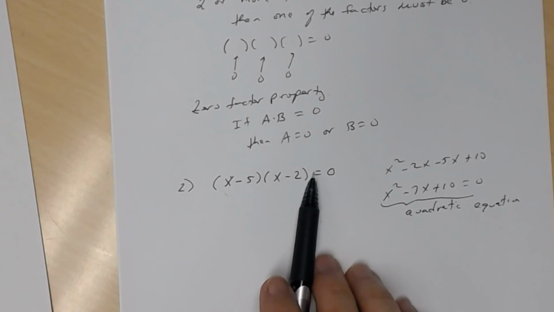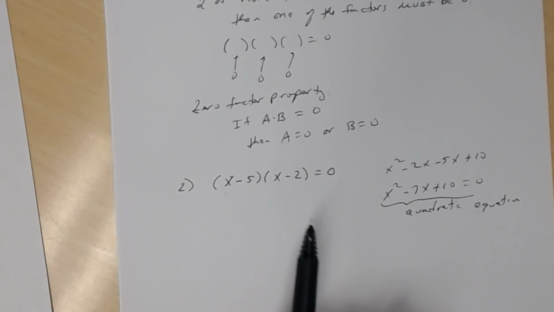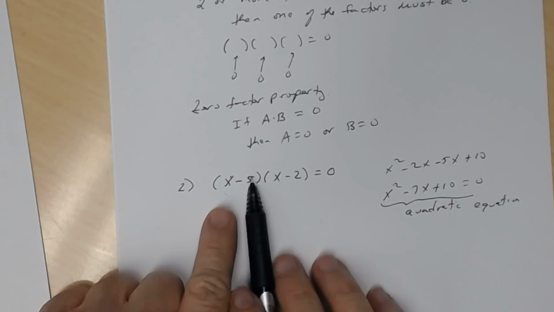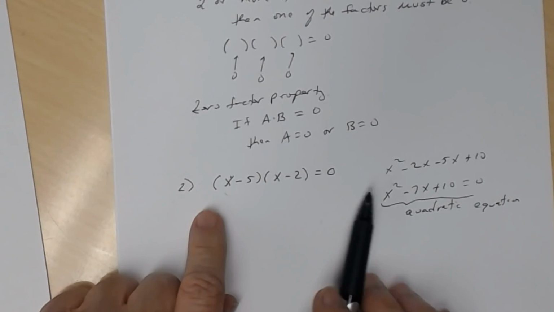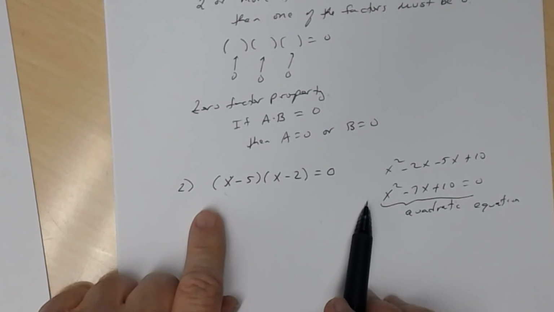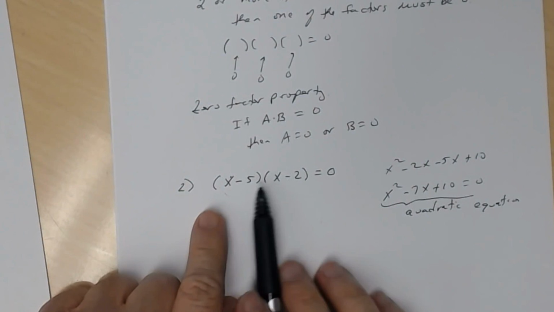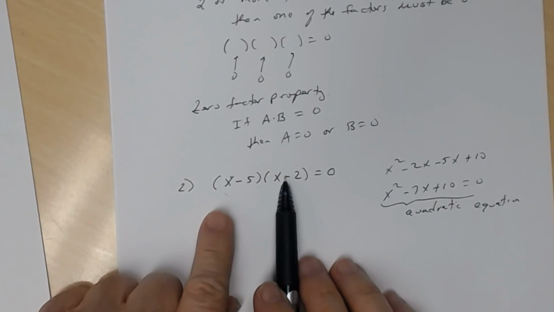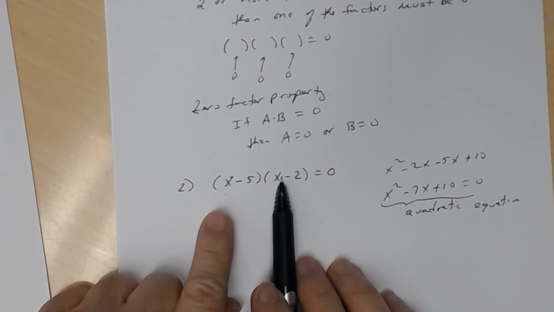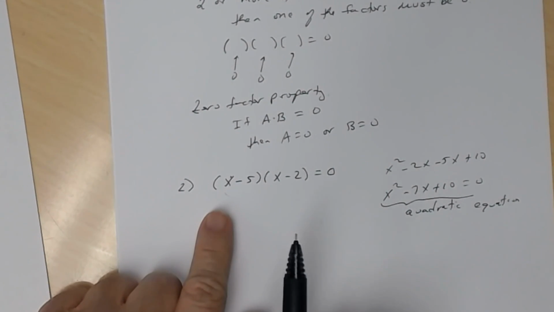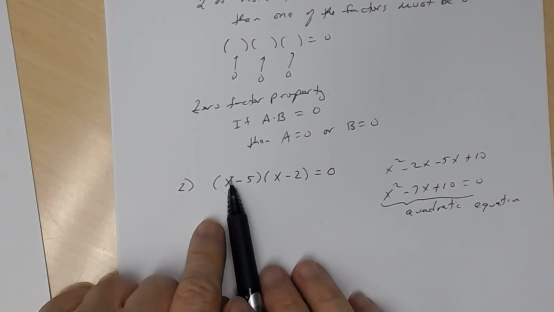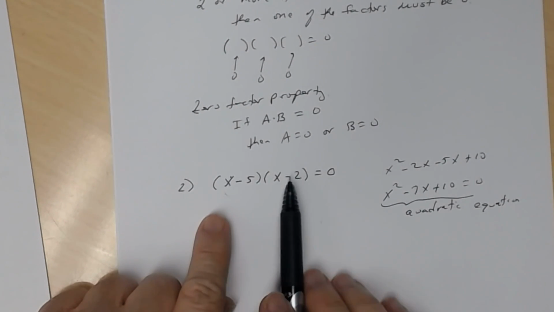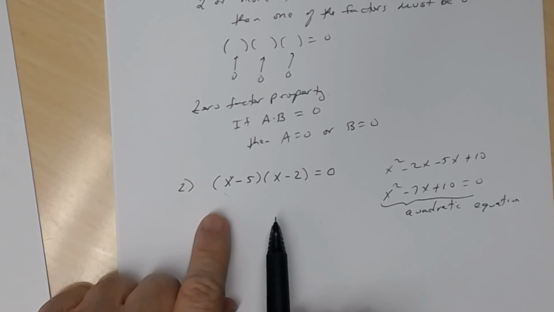This side was quadratic because when you multiply x times x, you get x squared. Since it's already factored, how many factors do you see? Tell me what the factors are. You have to be able to determine the factors. My first factor is x minus 5, and my second factor is x minus 2.